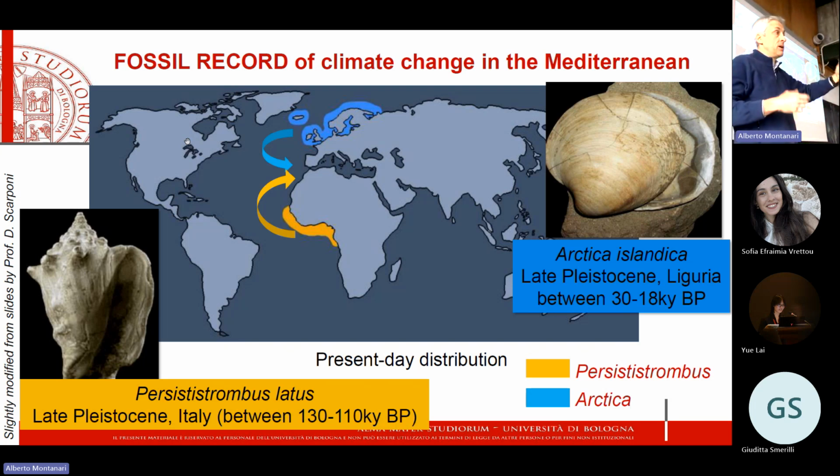So we can say, perfect, in that other layer, which we can date, where we find Arctica in the Mediterranean, climate was colder than today. So by analyzing the distribution of these fossils, without looking for the isotopes, we can derive information about past climate.